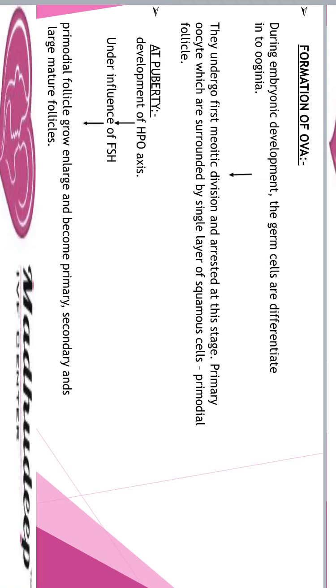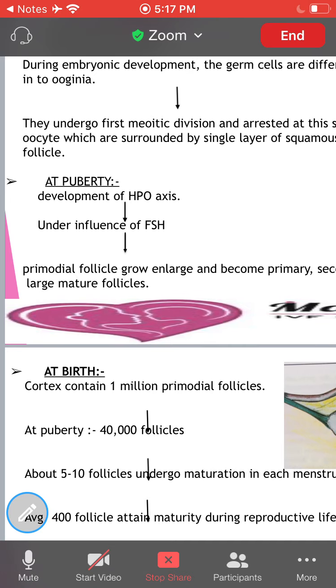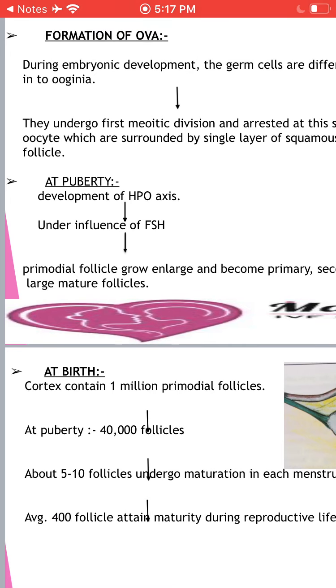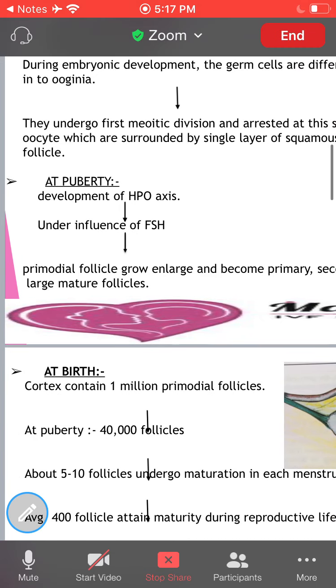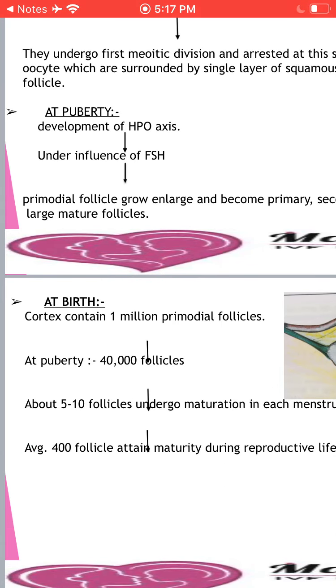If there is a problem at this HPO axis, then we can't get the healthy ova and can't get the pregnancy. The importance is that at birth, God has put 1 million primordial follicles in the cortex.